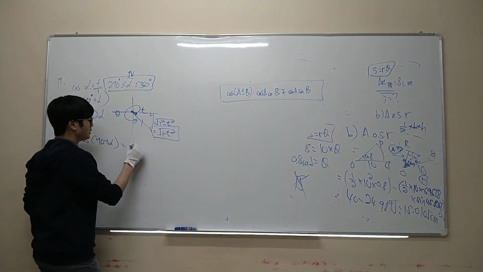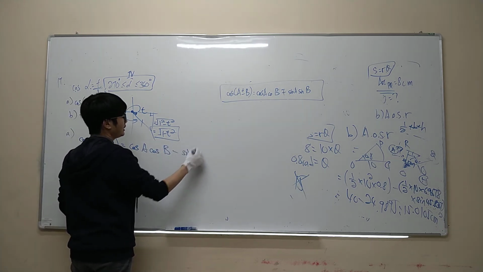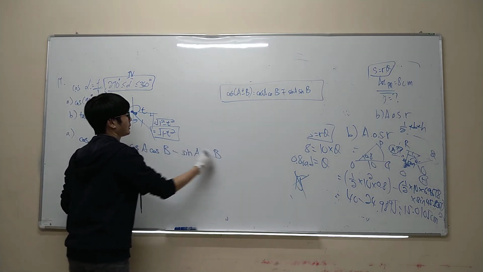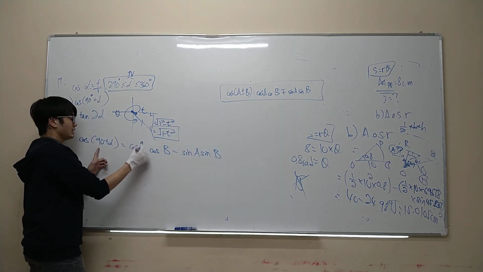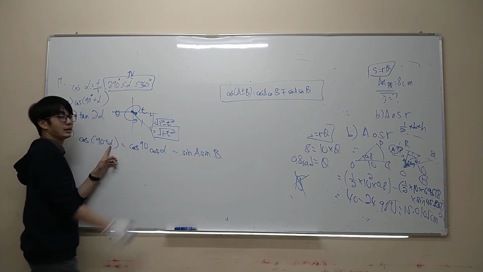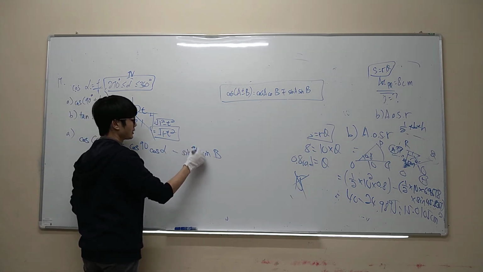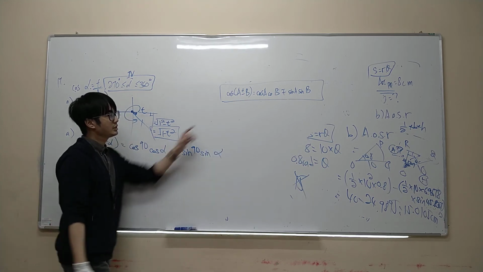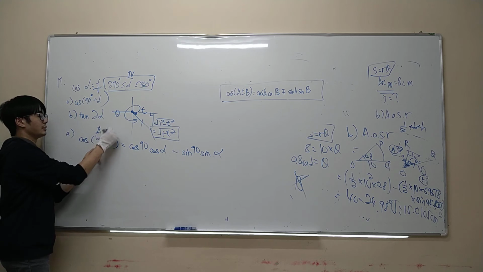Alright, so it will be cos A cos B minus sin A sin B. Okay, but please don't write like this because your A is 90, so you should write cos 90 and B is alpha. And sin A sin B means sin 90 sin alpha. Okay, like this. Because A is the front and B is here. So this is your A, this is your B.